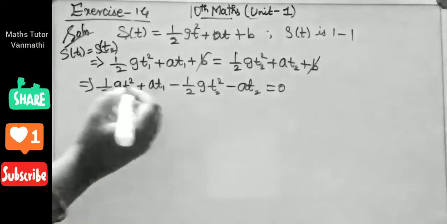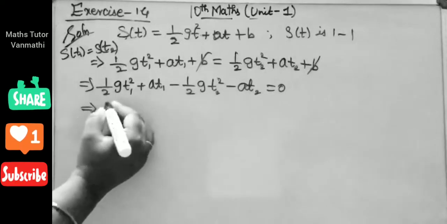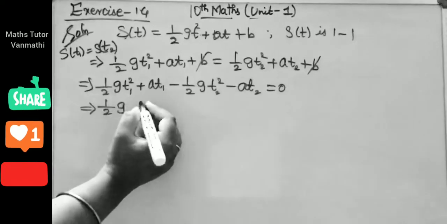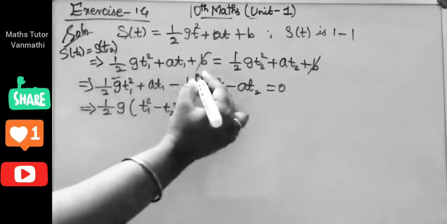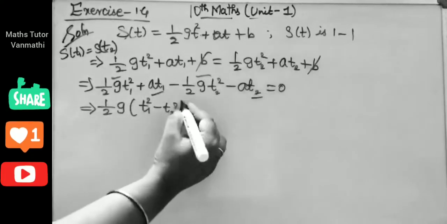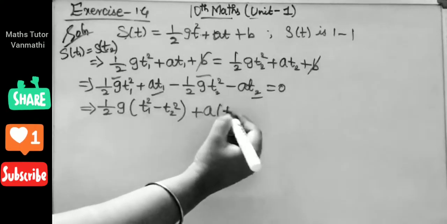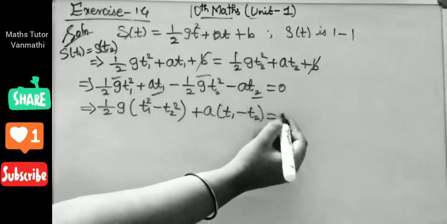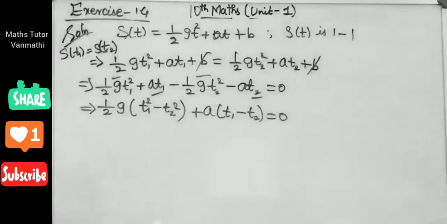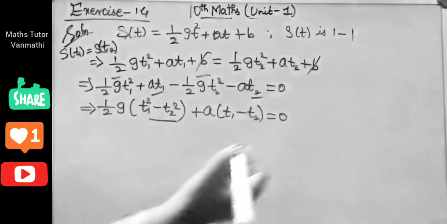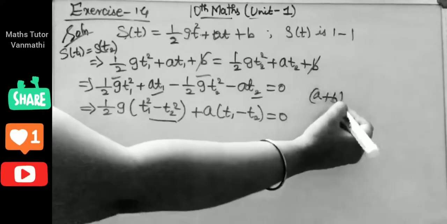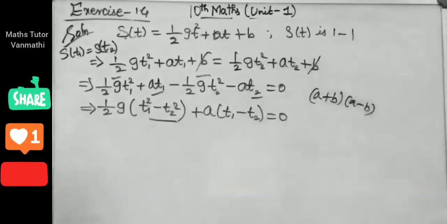Okay. Here taking g and a as common, you get 1 by 2 g into t1 square minus t2 square, these two terms, and again these two terms, plus a into t1 minus t2 equal to 0. Clear? Next we are going to expand a square minus b square as a plus b into a minus b. Clear?